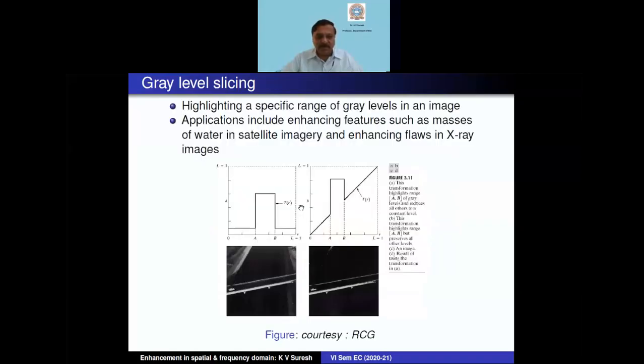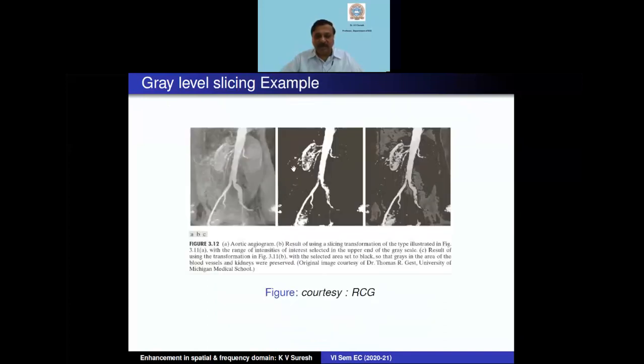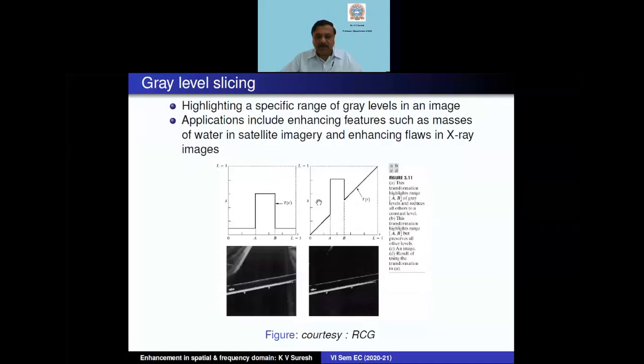So you are using something like this. Only thing is this A to B is shifted towards the higher side. That means probably from the higher range of pixels, maybe from 200 to 255, I'll just enhance it. That's what has happened. And in this case, what you are observing here is that you are using this type of transformation function.